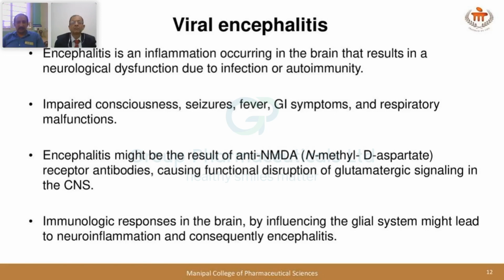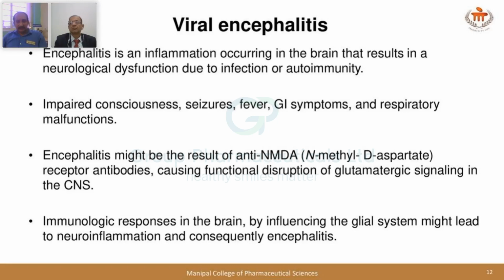in the brain because it has an effect on the glial cells, especially the neuroglia, the microglial system. Microglia is considered to be one of the important factors which governs the immunity of the brain.